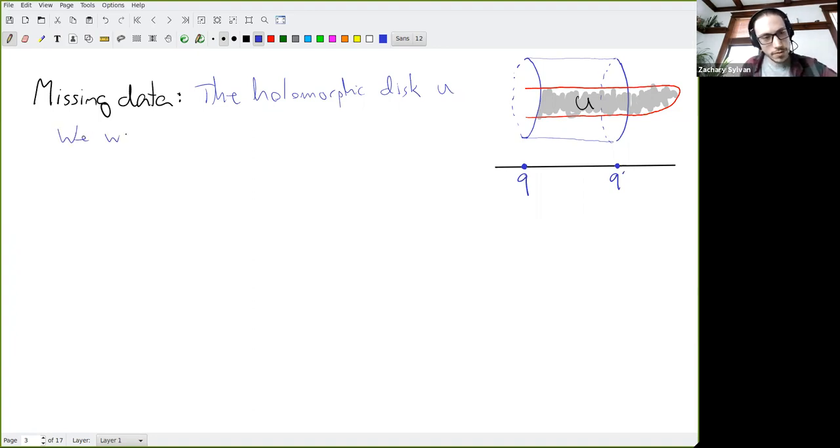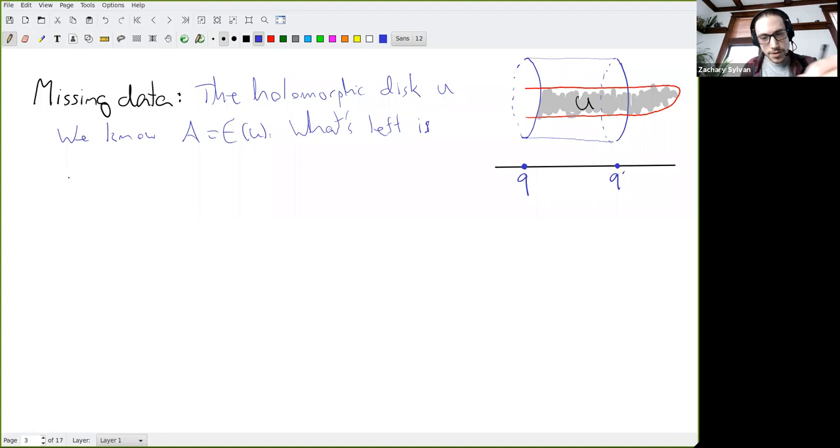So we know this A, that's the energy of the disk. So what's left is its homotopy class, which under assumptions that I'm going to make in the background is just encoded by the boundary.